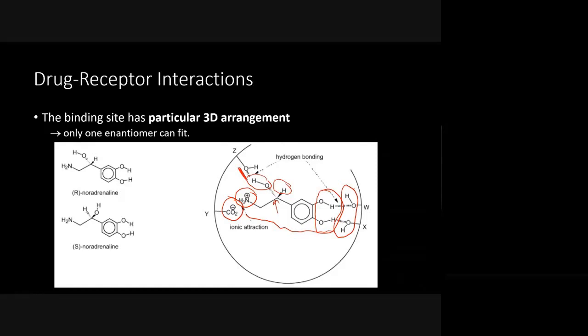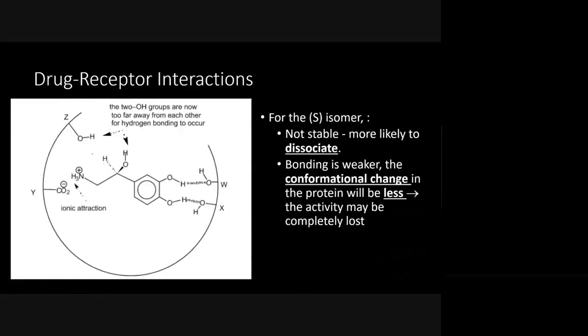Now imagine instead of this isomer, you have the other isomer, meaning the H is inside and the OH is outside. Then the OH will be too far away to form a hydrogen bond with the OH group on the enzyme itself.